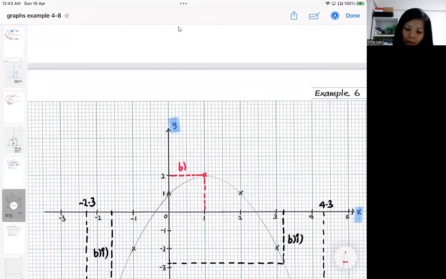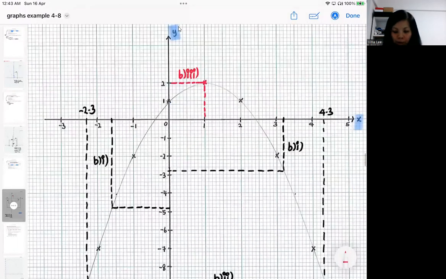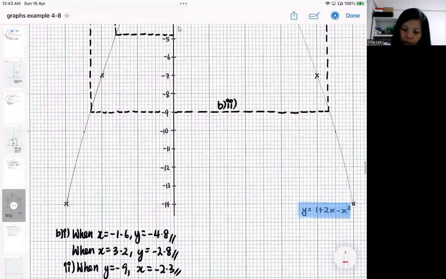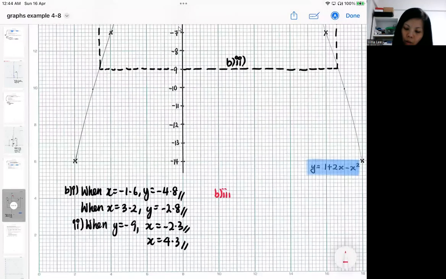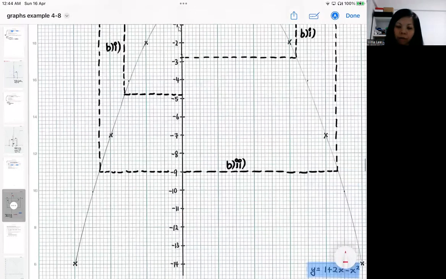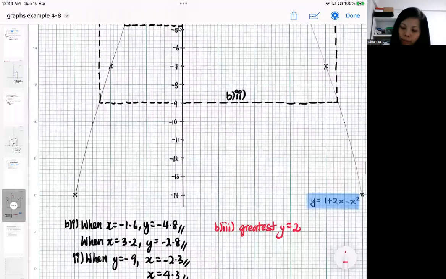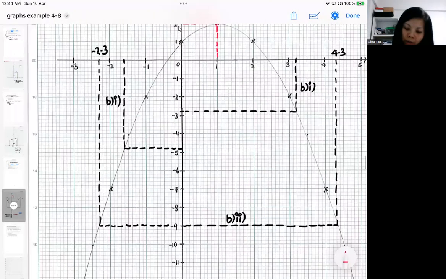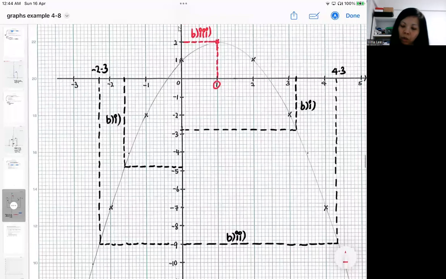So this is B part 3. B part 3 asks you for the greatest y, so you reply accordingly. The greatest y according to my graph, the highest is 2. And when I dot down, I got x equal to 1.